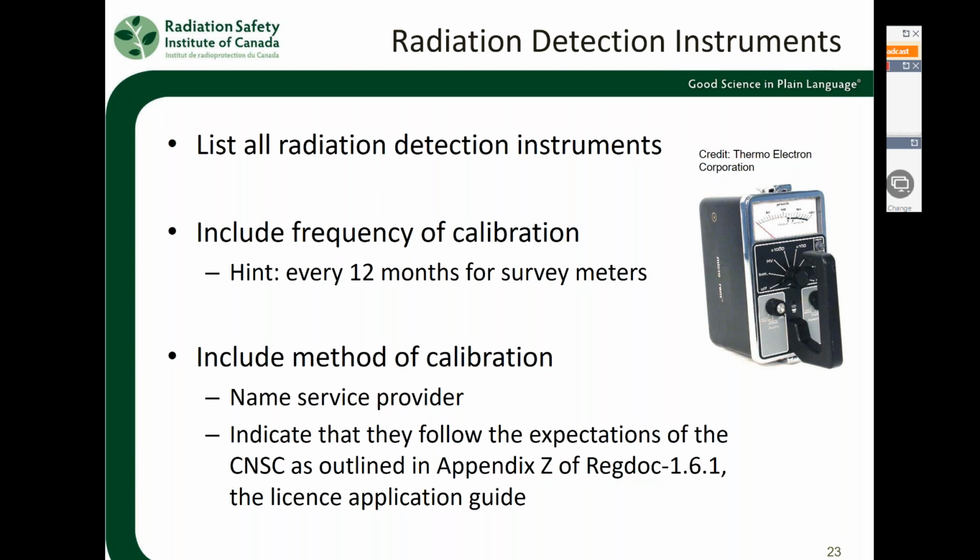You're also going to need to outline calibration, how often it will occur. A hint there that for survey instruments, that calibration is going to be done every 12 months, as is required by the regulations.